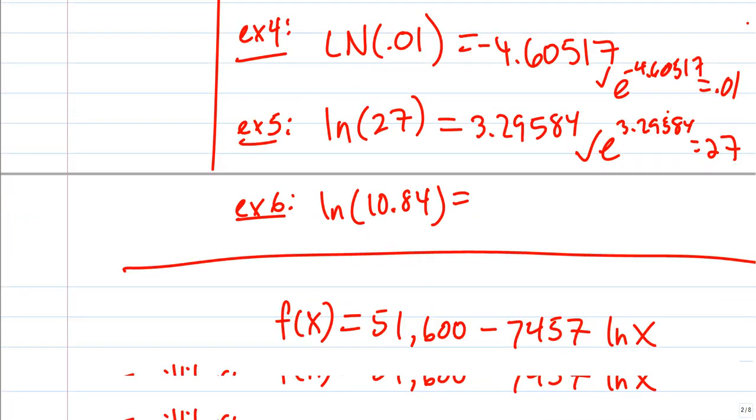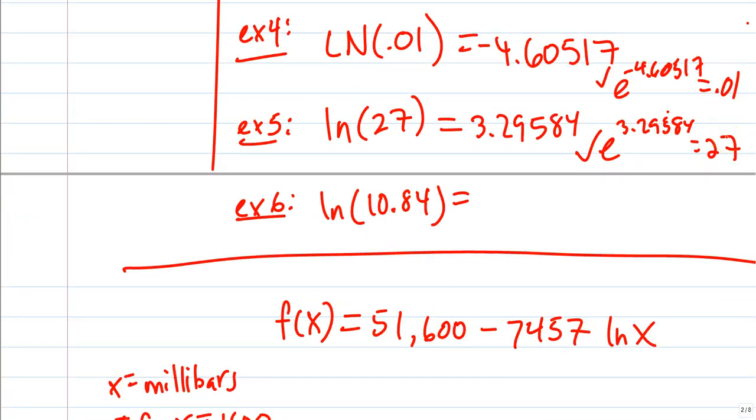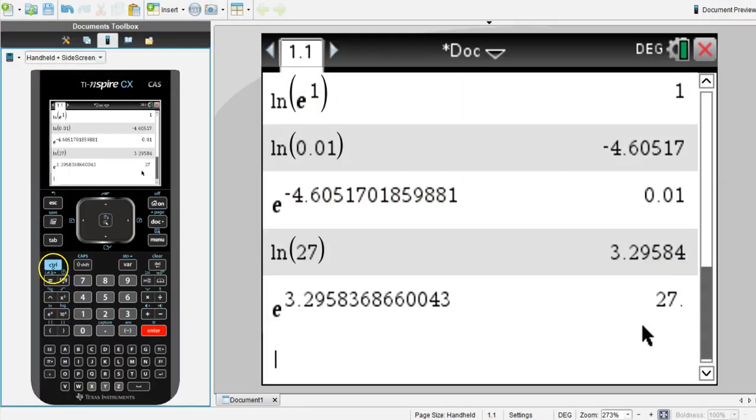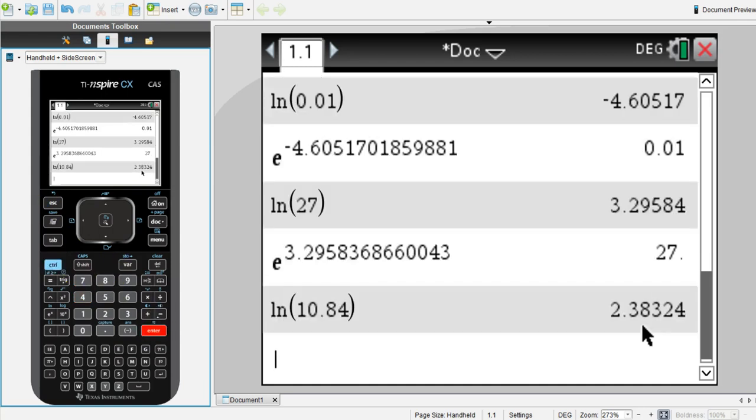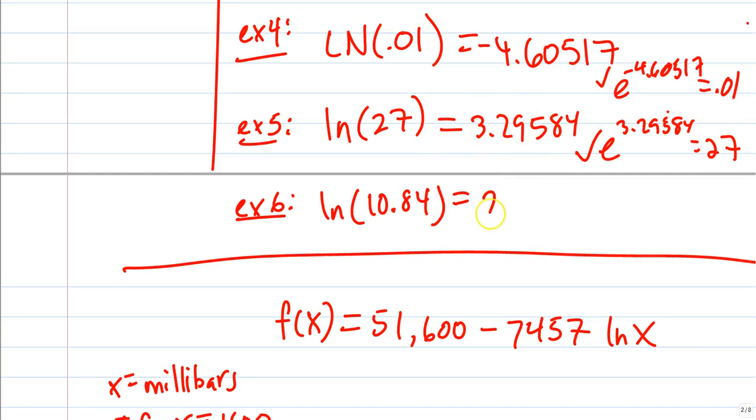And we're almost done. Natural log of 10.84. Something weird just happened. Let me fix that. 10.84. 2.38324. Start throwing decimals in there.